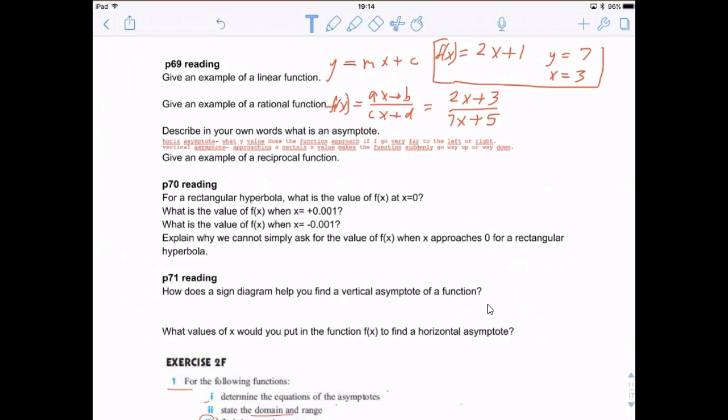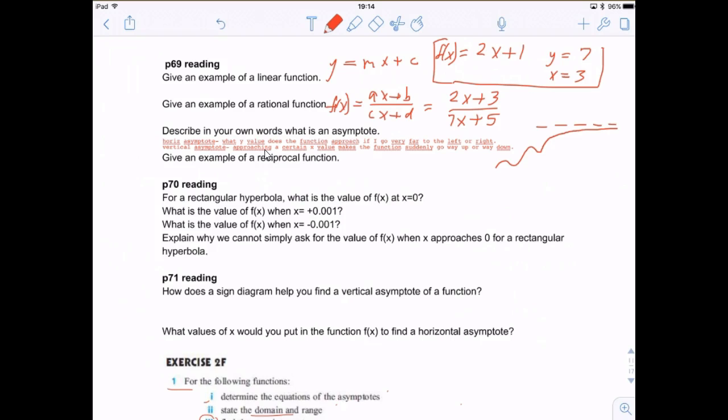If I was going to draw that, the function is going like this, and then I go very far to the right, all of a sudden it's going to approach a certain value, and that dotted line that it approaches is an asymptote. If the same thing happens going to the left, then that's also an asymptote, right?